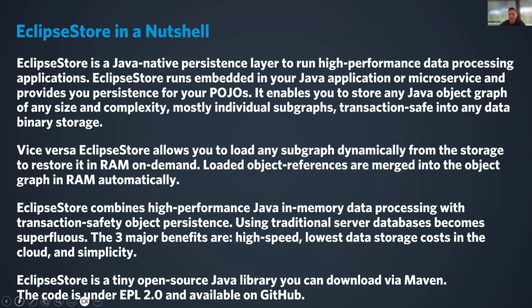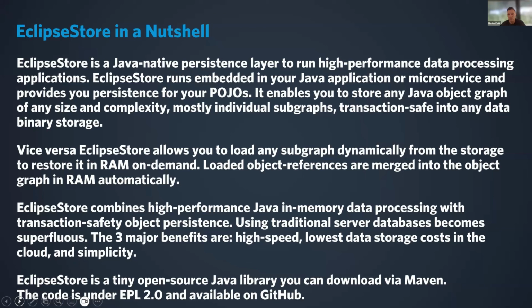It enables you to store any Java object graph, any kind of Java objects, any size and any complexity of the object graph, transaction safe into any data storage, into any binary data storage.